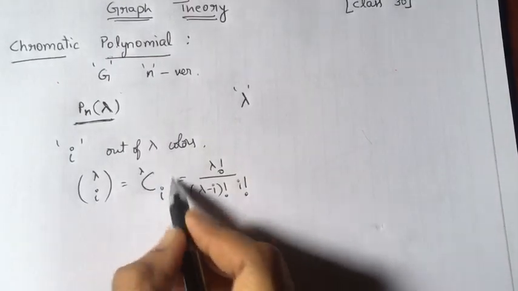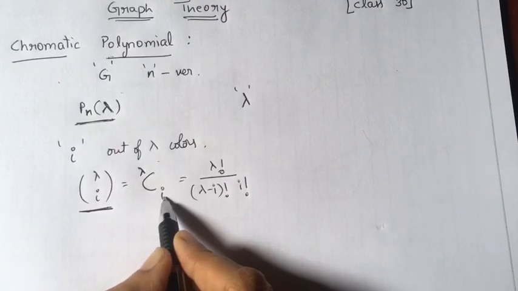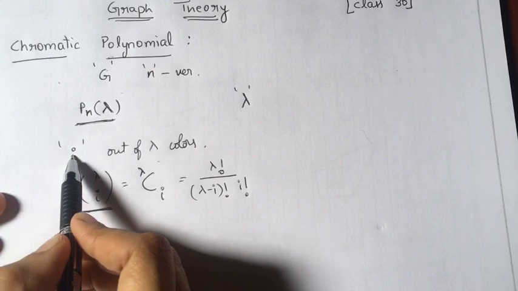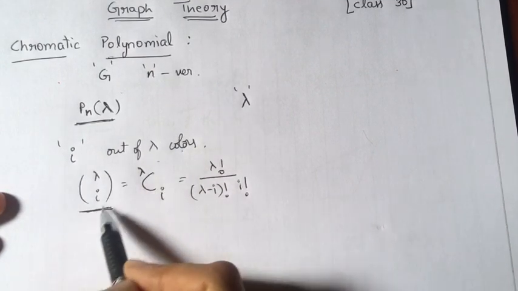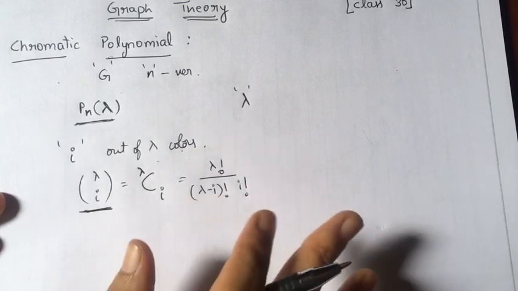I hope you know the nCr, nPr formula. The same formula I have used. Choosing i colors out of lambda colors can be done in these many different ways. I'm using this notation.